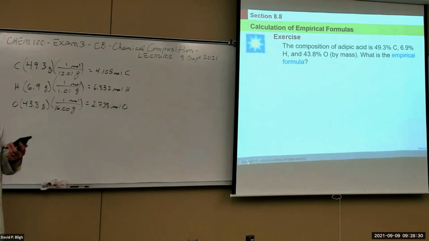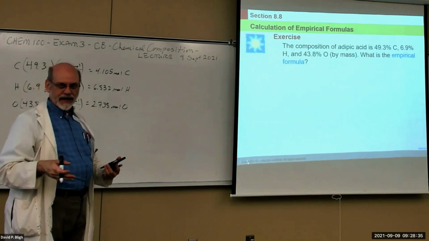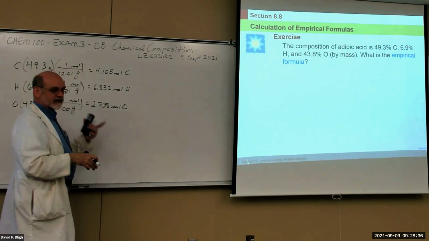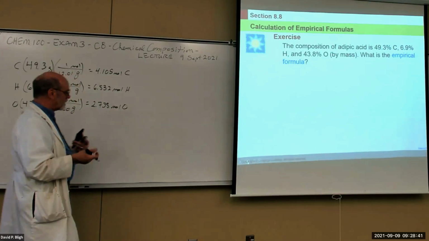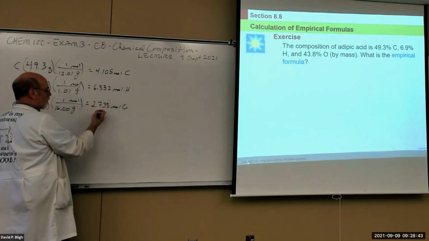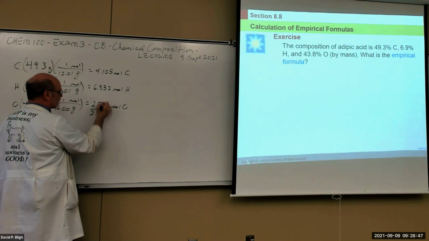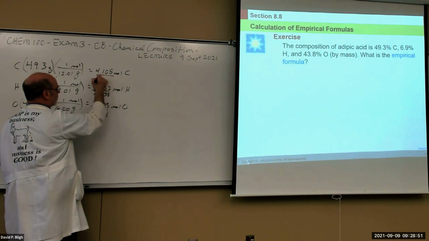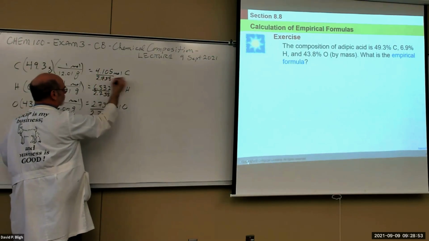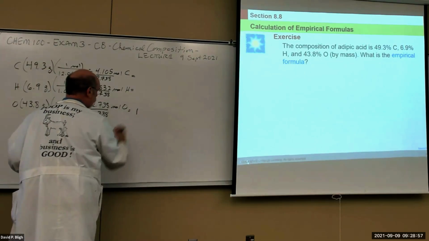Now we have our fractional molar ratio of atoms. We need to convert to whole numbers. First step, take the smallest one and divide through each one by that same number. All right, this one's obviously going to be 1.